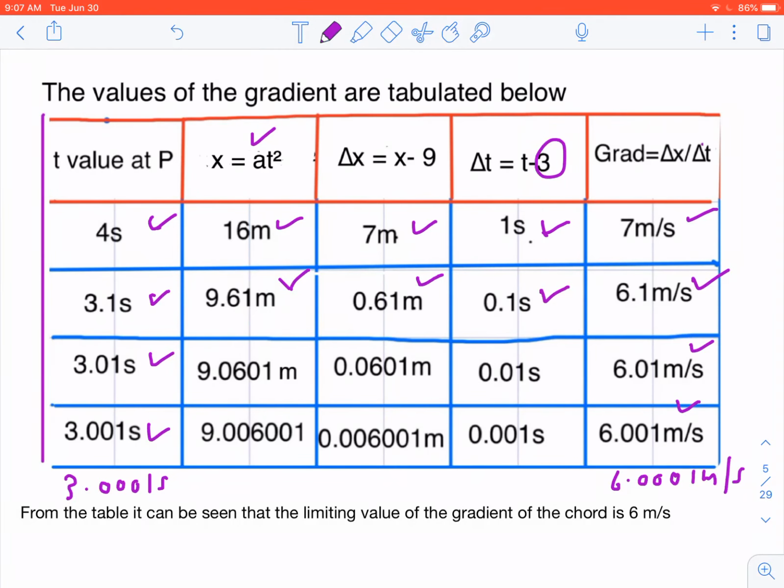The important point of this is you can see that the limiting value of the gradient of the chord is 6 meters per second. That's the important point. And that limiting value is approached when change in t is very, very small.